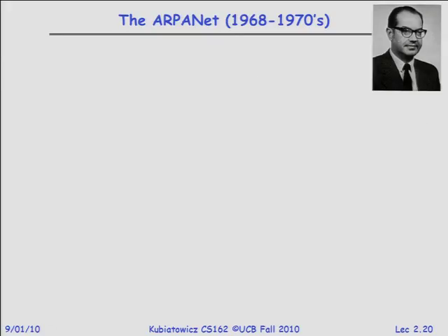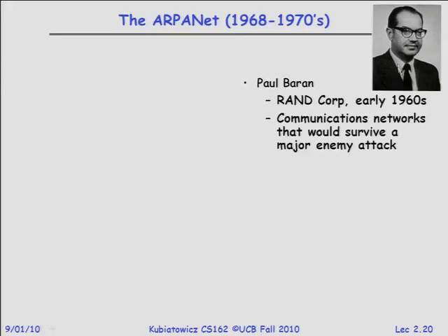One person at Rand Corporation, Baran, was interested in networks that would survive something like a nuclear disaster. They tend to work with the Defense Department. And his idea was you take what you're sending, you chop it into little pieces, and you send it on different paths so that if one of the paths is dead for some reason, you can get there on a different path. So that was how he came up with packet switching.